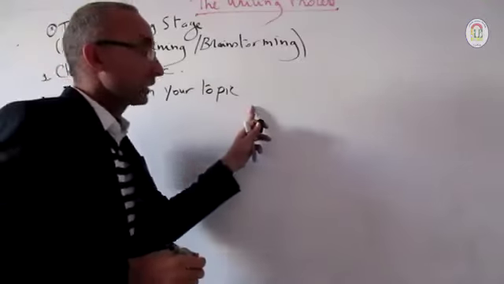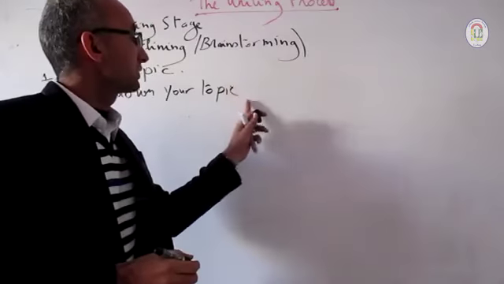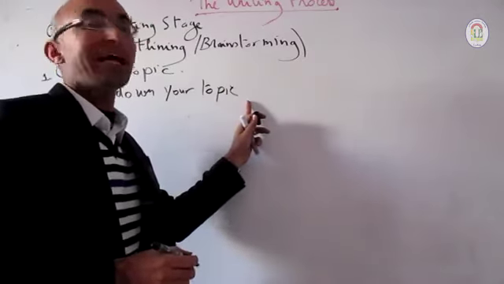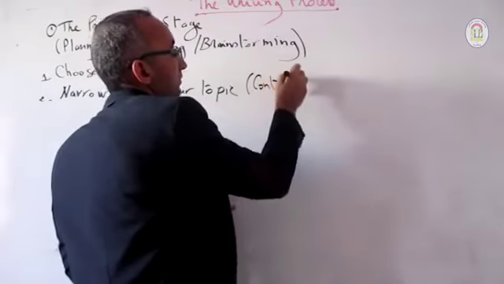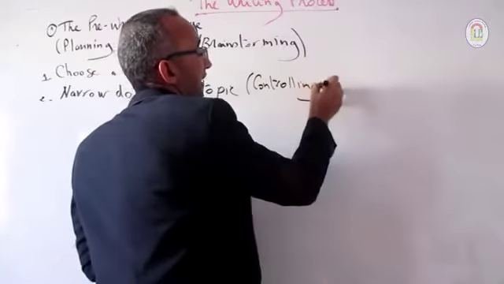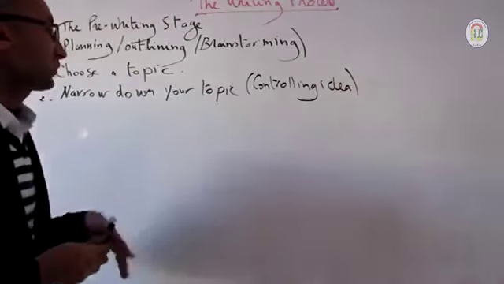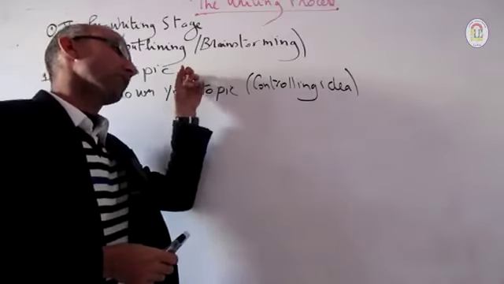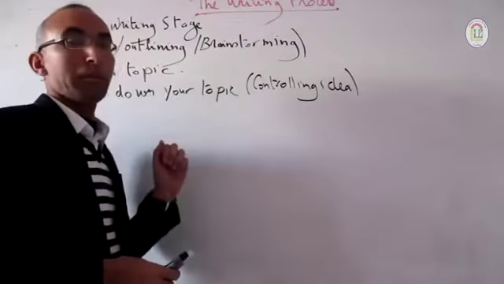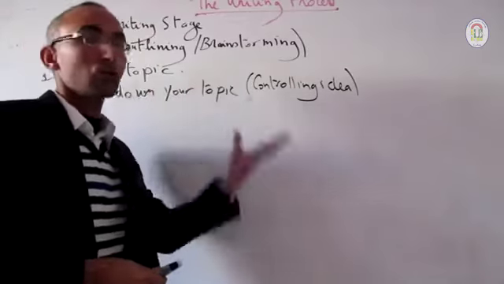By choosing an appropriate controlling idea. Clear? For example, for the topic of drug addiction, you may choose to talk only about causes, or only about consequences, or only about solutions.